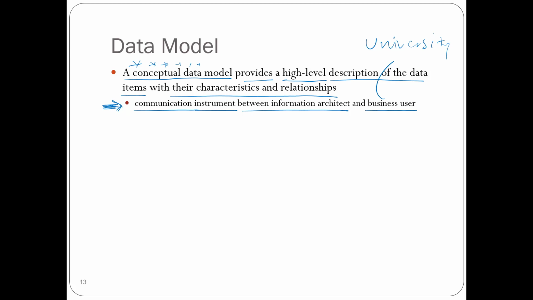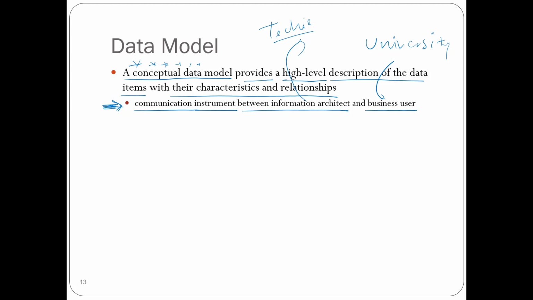You might be meeting somebody from the university, you might be meeting the dean of the university. Just think about a person representing the university. And here you are, the information architect, who is a techie who knows how databases are designed. But this information architect has the responsibility of understanding the requirements of the business user of the university, and the business user may not be a database person.